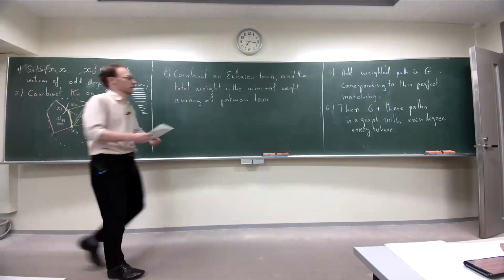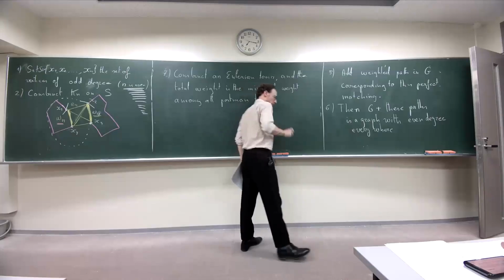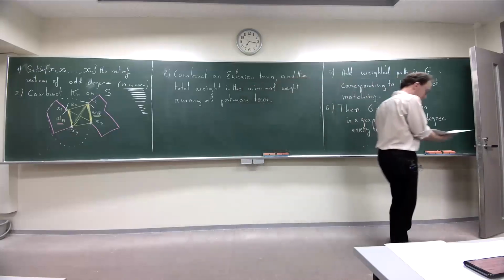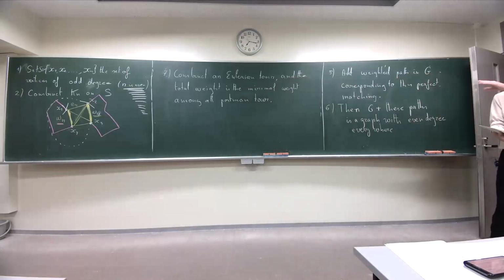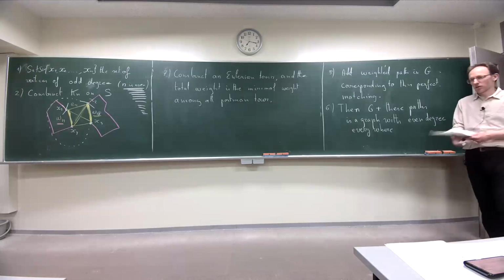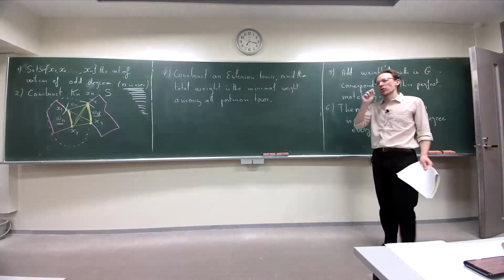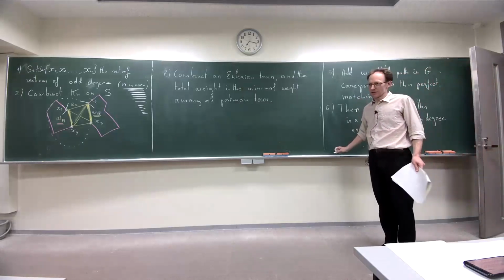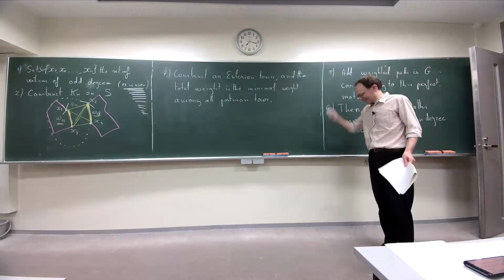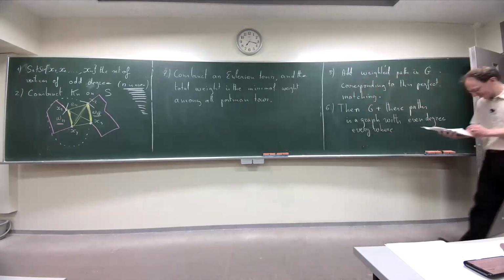And that's the solution. I'm not saying that it's unique. The minimal weight is unique. Probably the Eulerian tour is not. You can start at any point. But even with a fixed starting point, I don't think it's unique. You can go backward also.